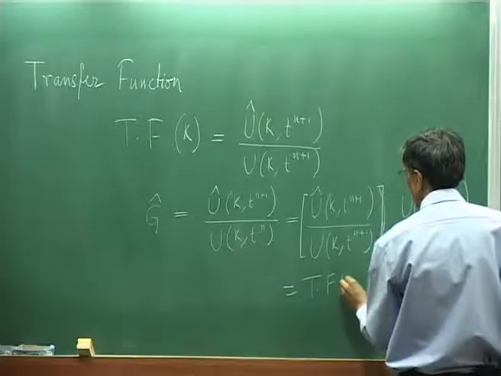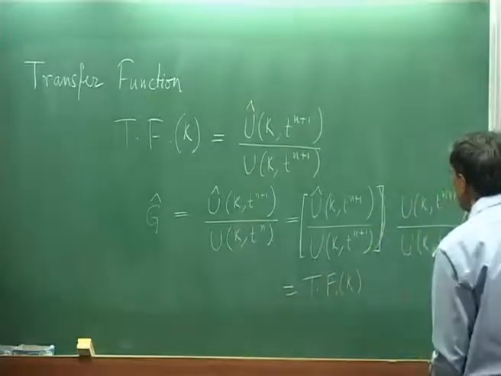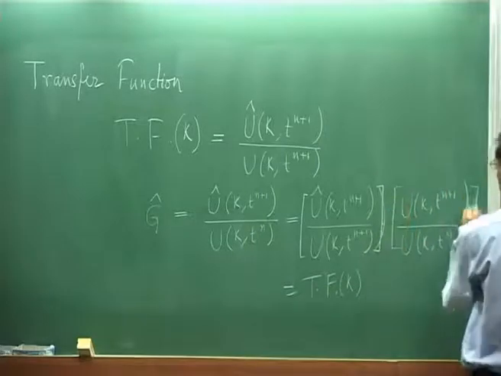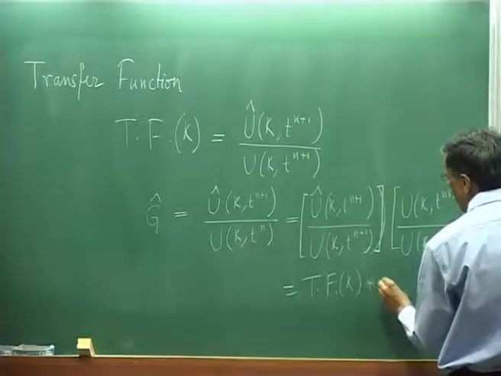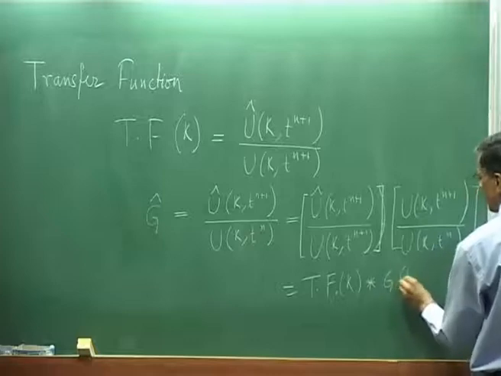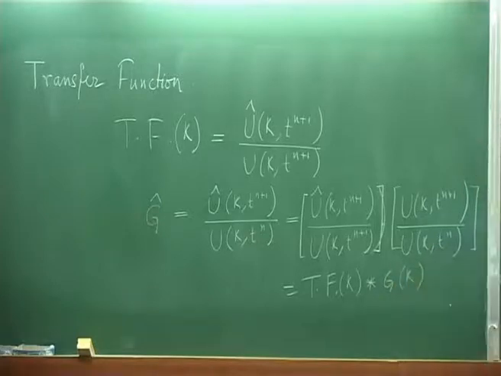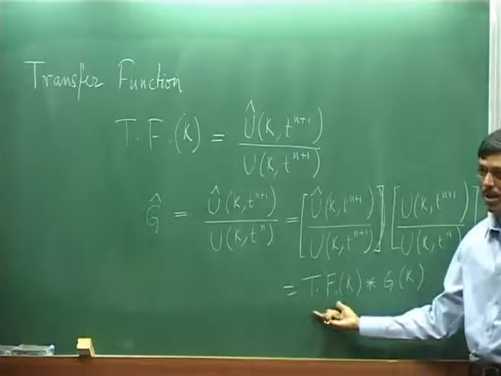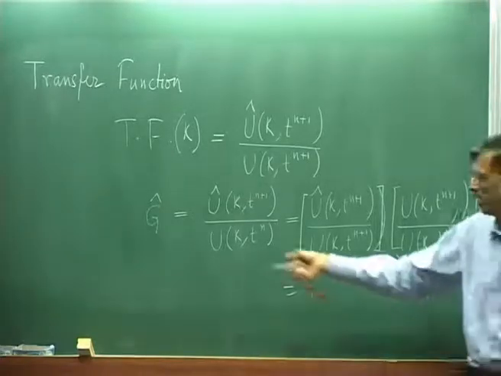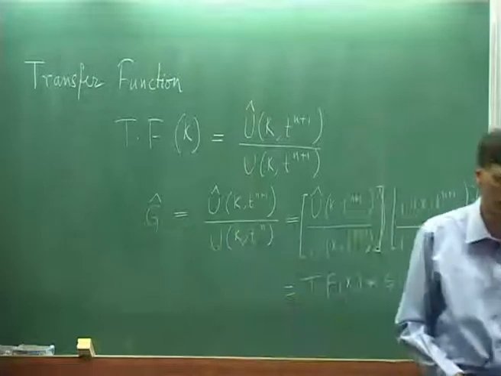Times this, what is this? This is our original amplification factor. Now you know what is to be done, very easy: you have a g of k which is greater than 1 and you multiply with the transfer function, so that this remains well behaved.